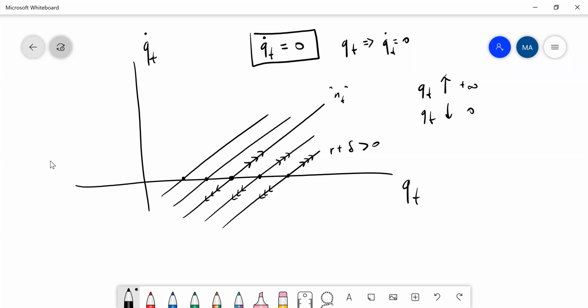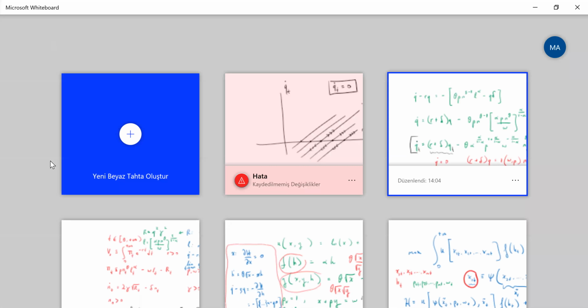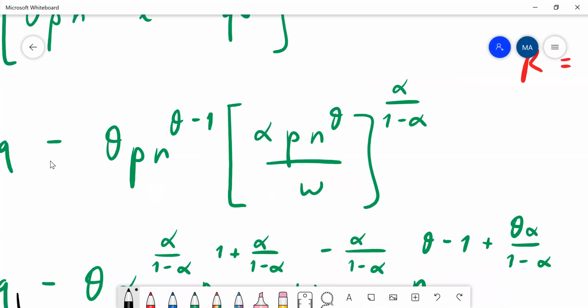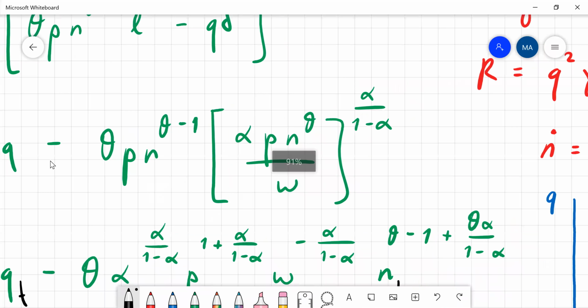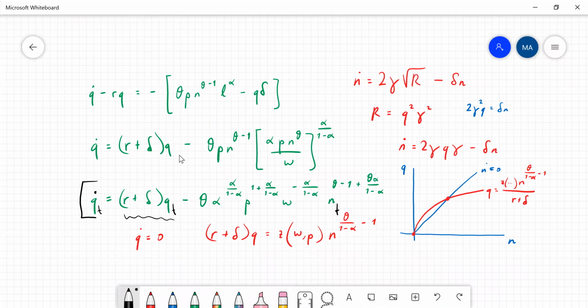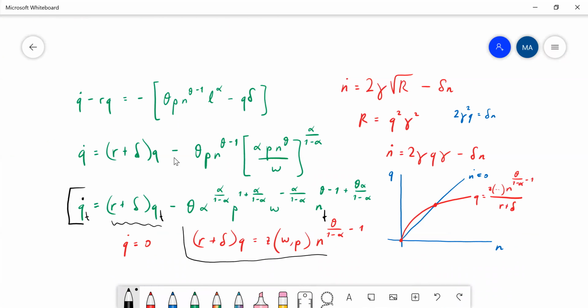Now, if you look at this equation in this particular way, what does it mean? It means the firm will always equate Q by looking at this equation. Here I denote this part as Z, a Z function, just for notation. And then there is this part that depends on N(t).